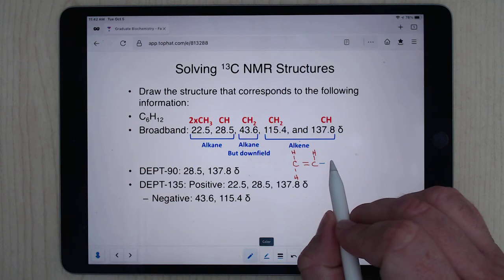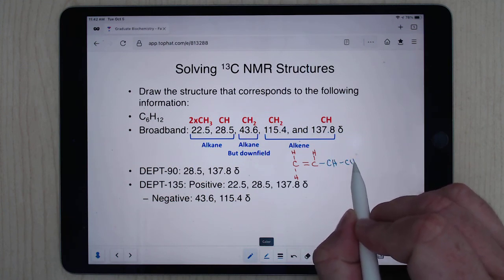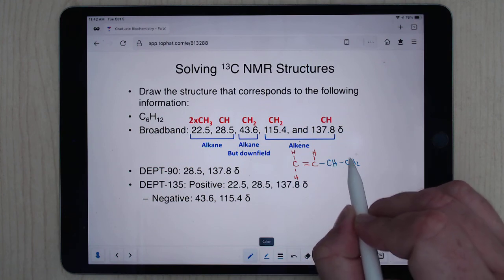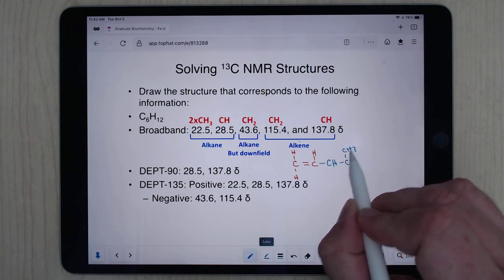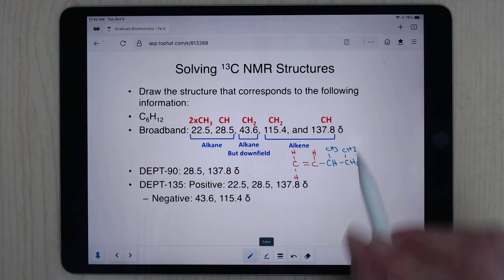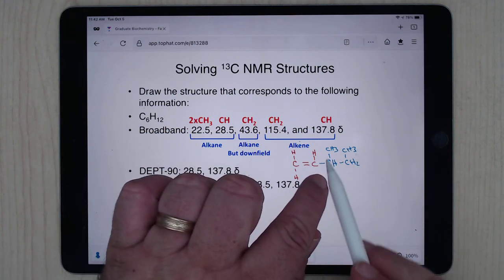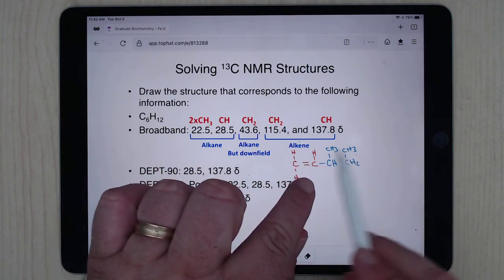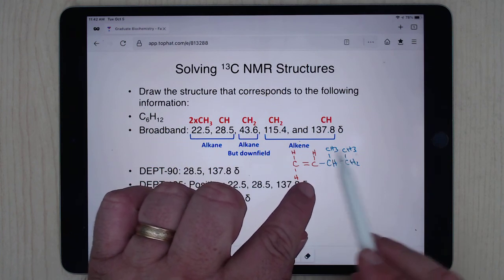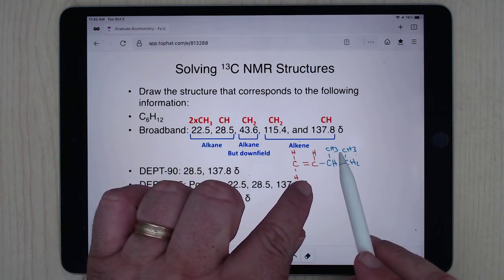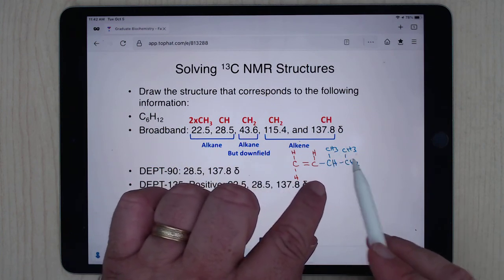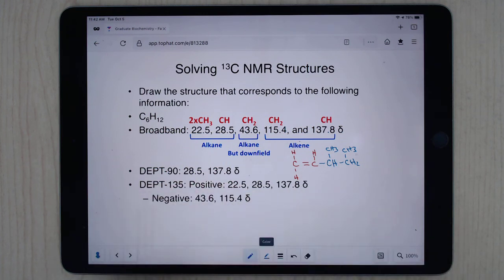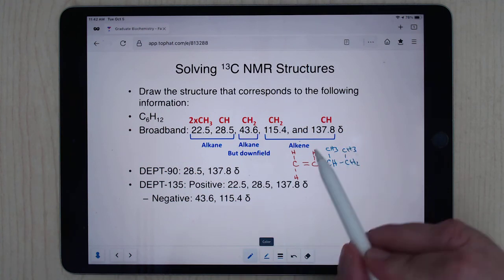We could try the CH here and then the CH2, but then we'd also have to put the CH3s here and here so we don't have too many bonds. But then these CH3s are not equivalent, right? So it can't be this structure.